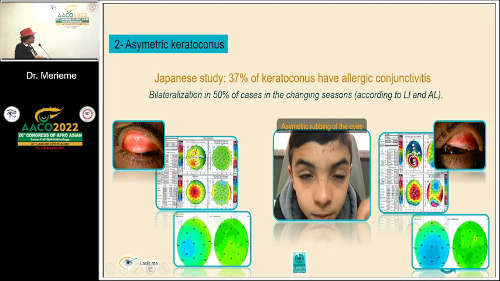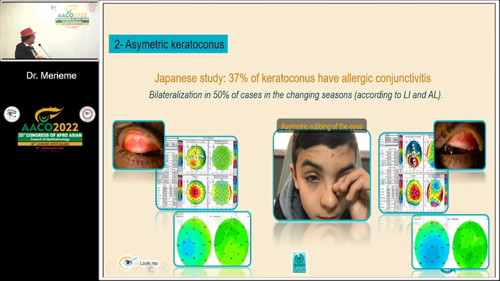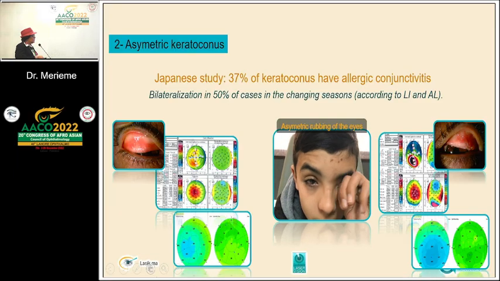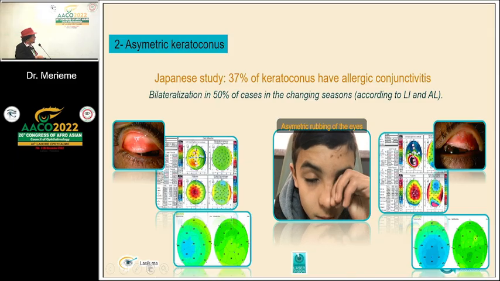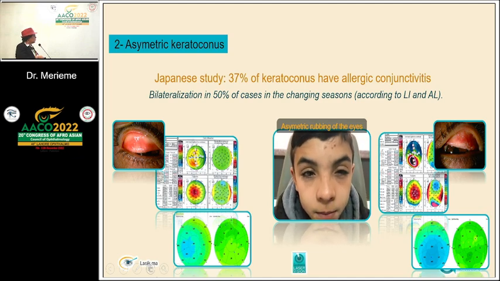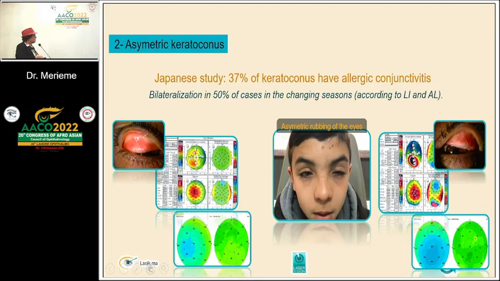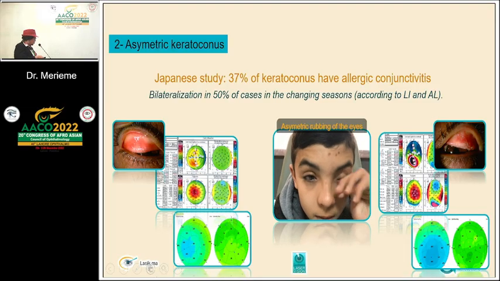We have a severe keratoconjunctivitis and a severe keratoconus in topography, unlike the right eye, where we have just a little asymmetry in the topography.